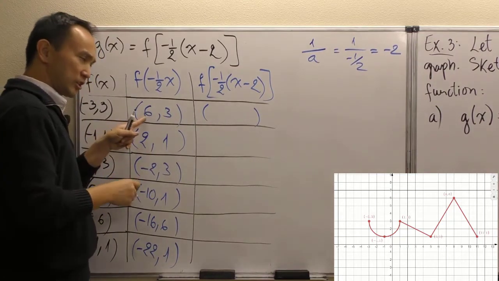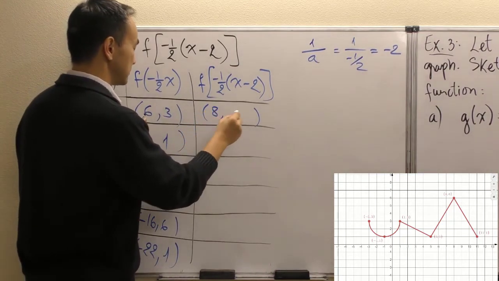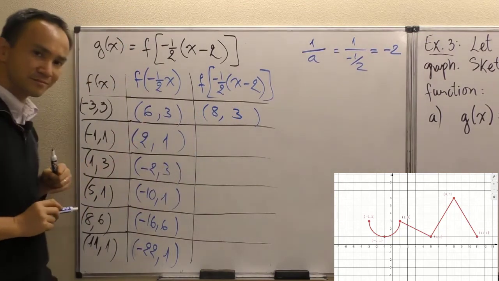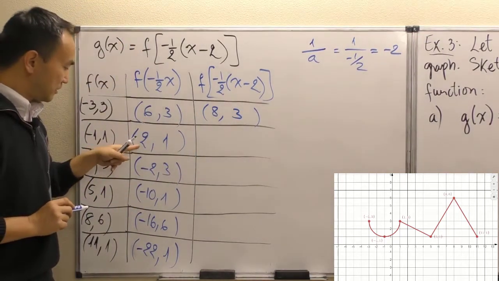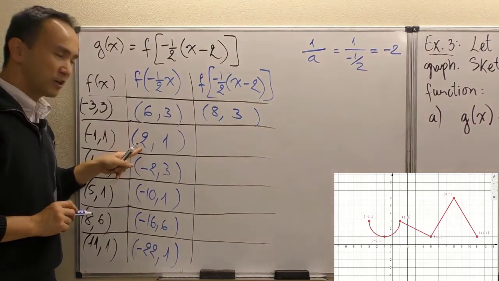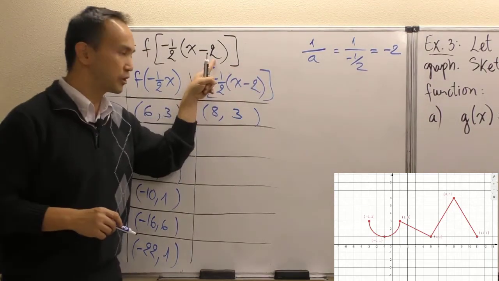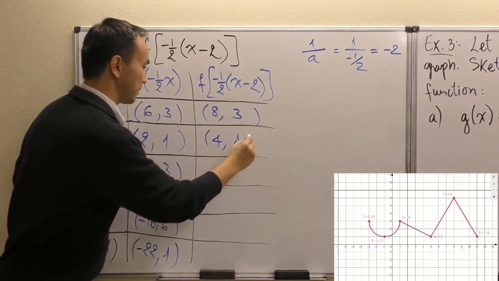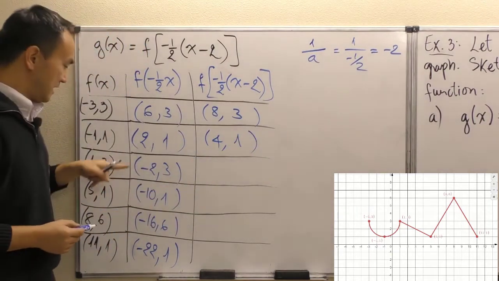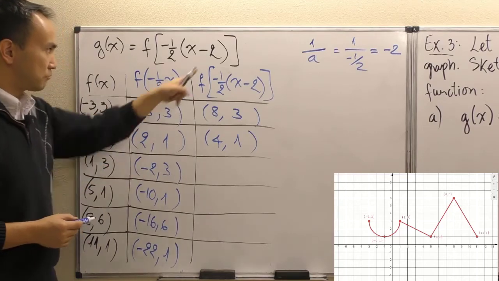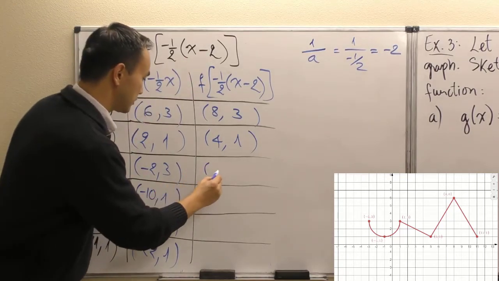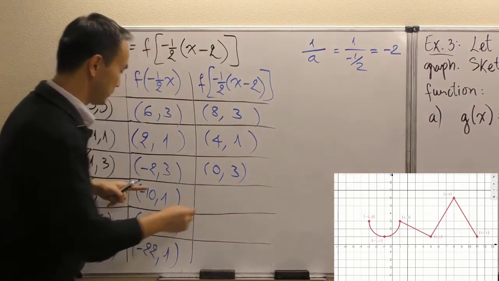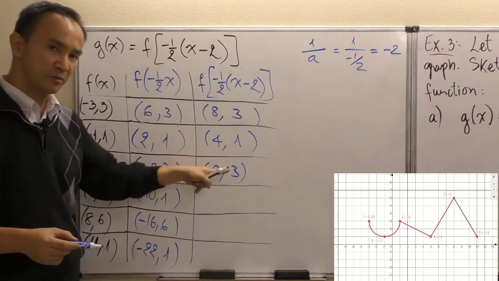So 6 plus 2 gives me 8, comma 3. 2 comma 1, so 2 plus 2 gives me 4 comma 1. And then minus 2 plus 2 gives me 0 comma 3. So that point minus 2 comma 3 is transformed into 0 comma 3.